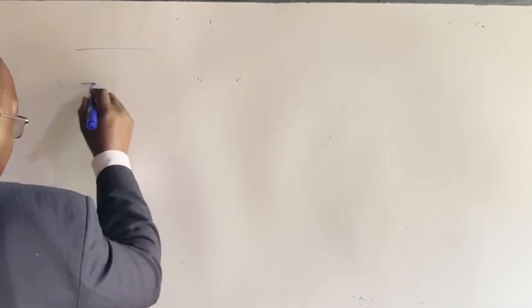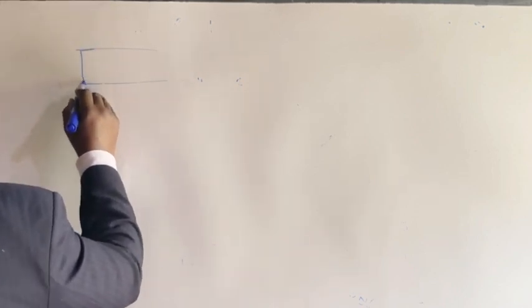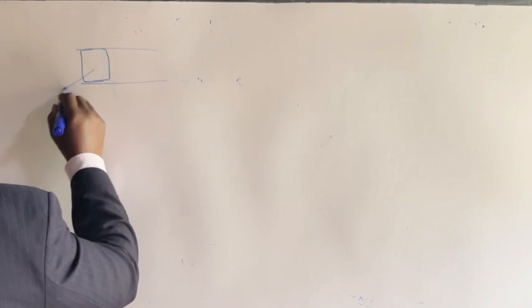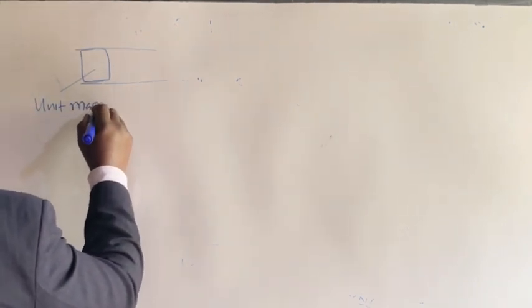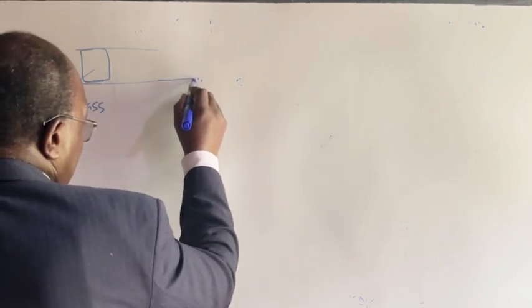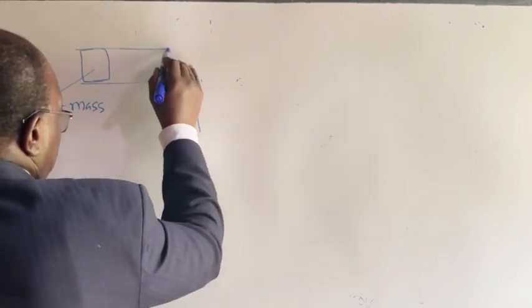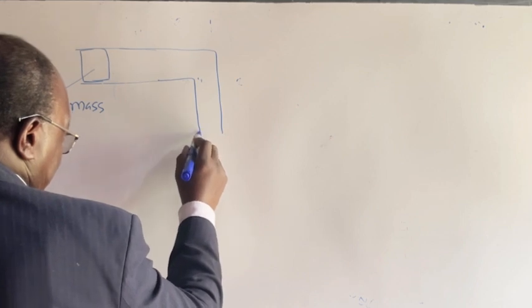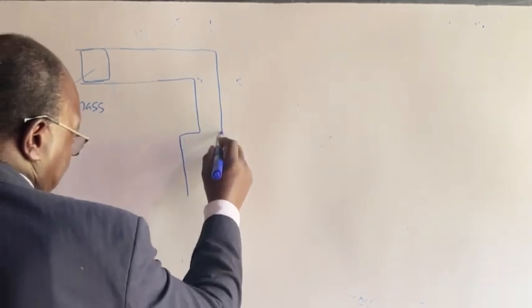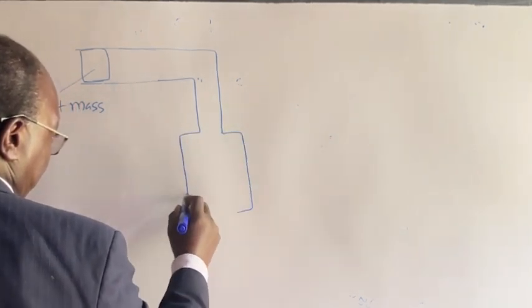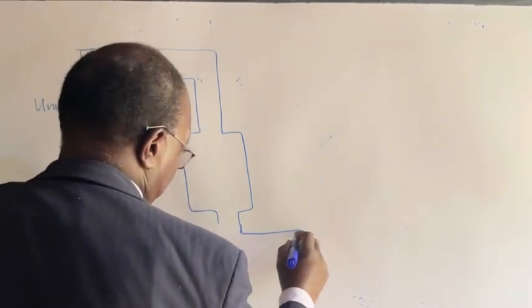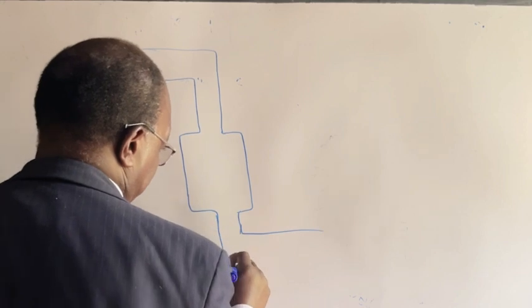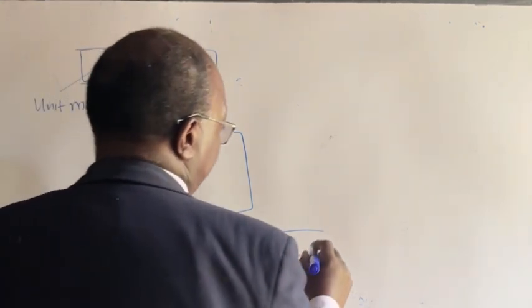So in this particular system, we have, let's say, our unit mass, which we are going to follow behavior or flow through the system. We have our heat exchanger, and we have a turbine where the work is extracted.